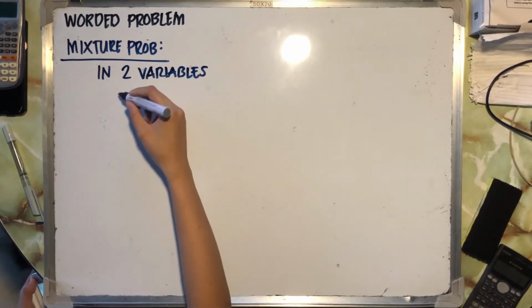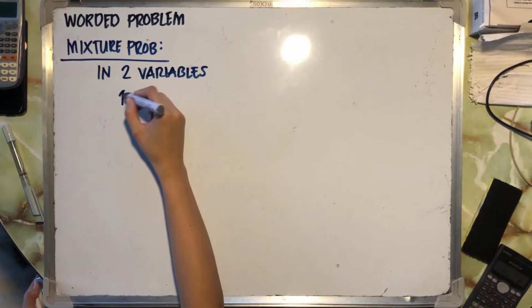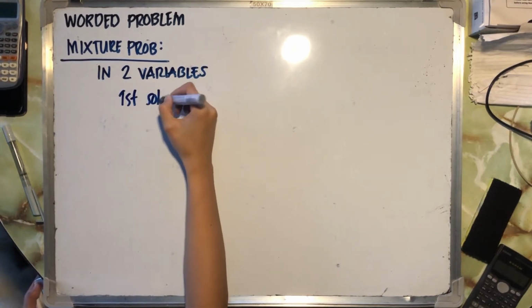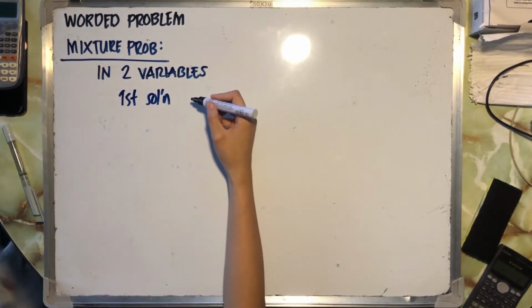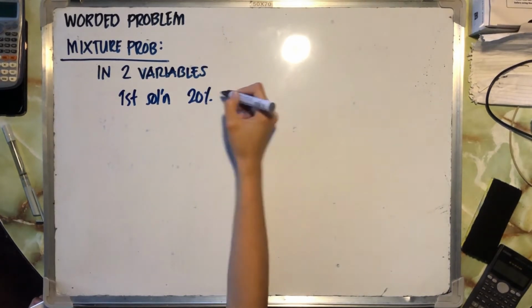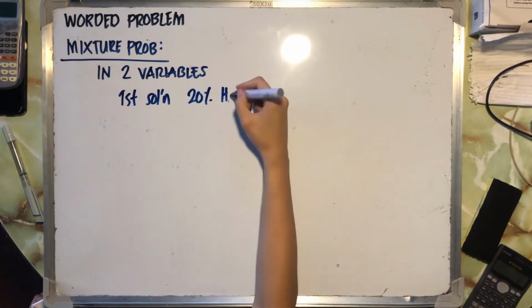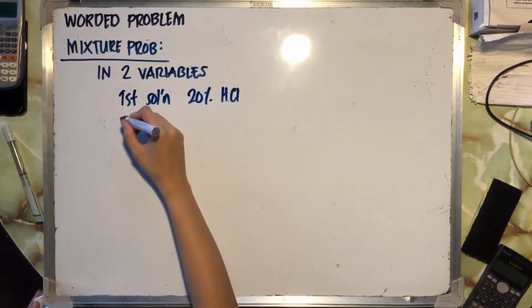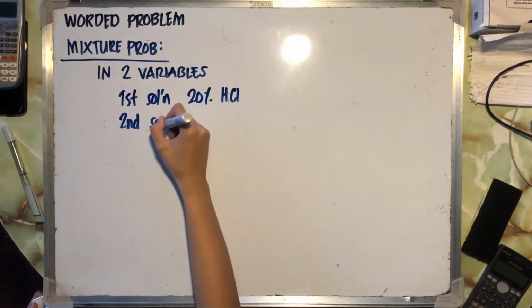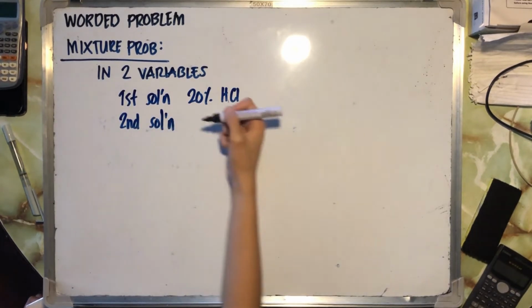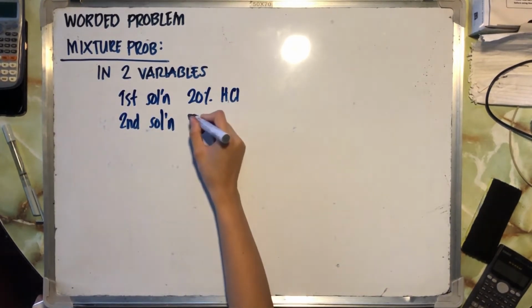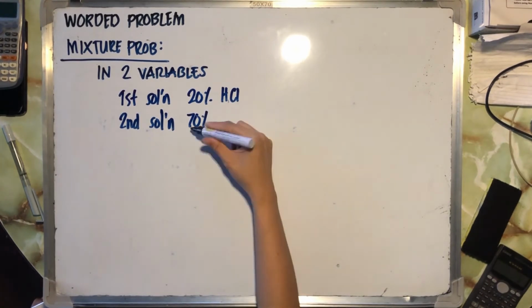Tama ba ko na? So, meron tayong isa daw. First solution natin is 20% hydrochloric solution. Okay? The other one naman is a hydrochloric solution pa rin, but this time, it is a more concentrated solution at 70%.